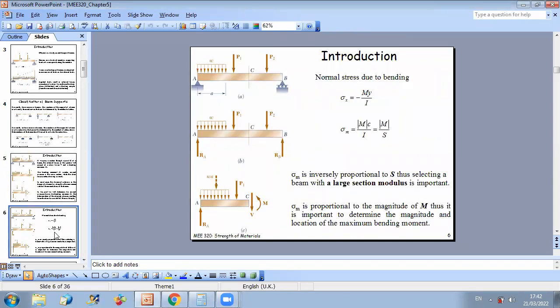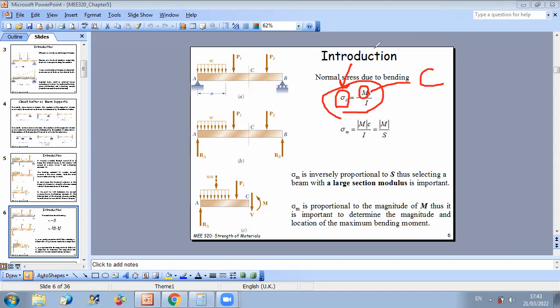For example, we already know from previous chapter that the normal stress distribution in a section is given by minus My over I. And we have different factors affecting sigma, which are the bending moment value and also the geometry of the cross section. If you remember, we said that sigma is maximum for y max, the maximum distance from neutral axis, which corresponds to c.